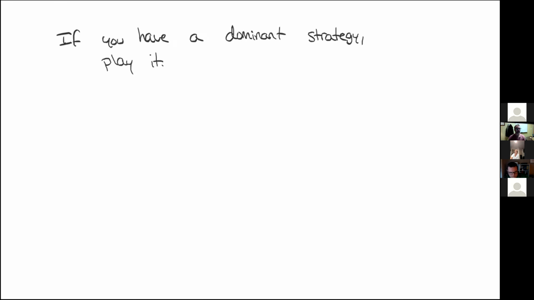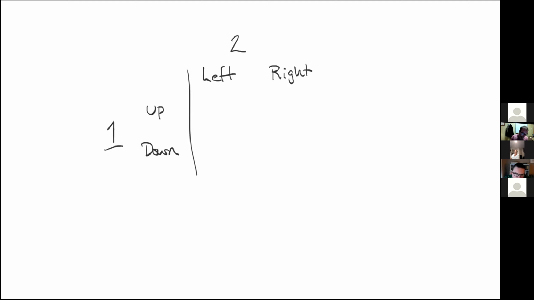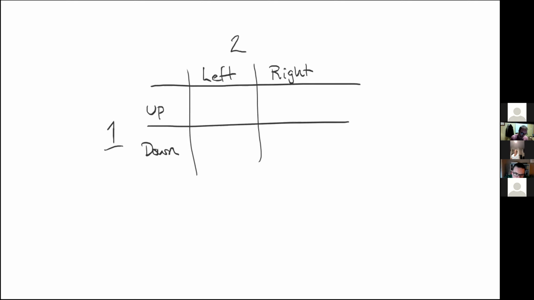The other, so let's do this example. Let's say we have player 1, player 2, and we have up and down, and then left and right, and we have 10, 7, 8, 5, 7, 12, 4, 3.